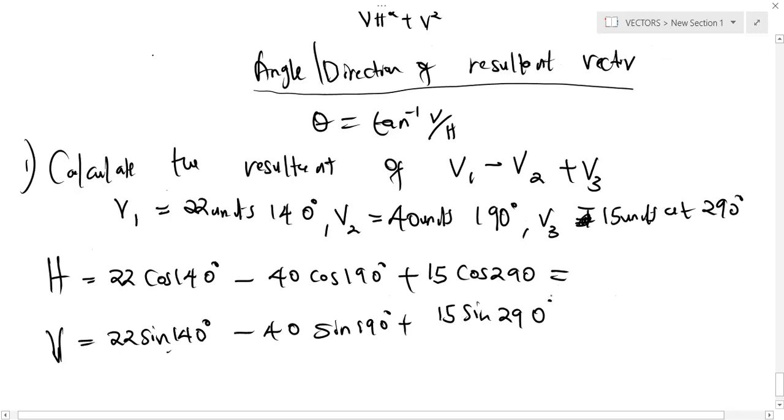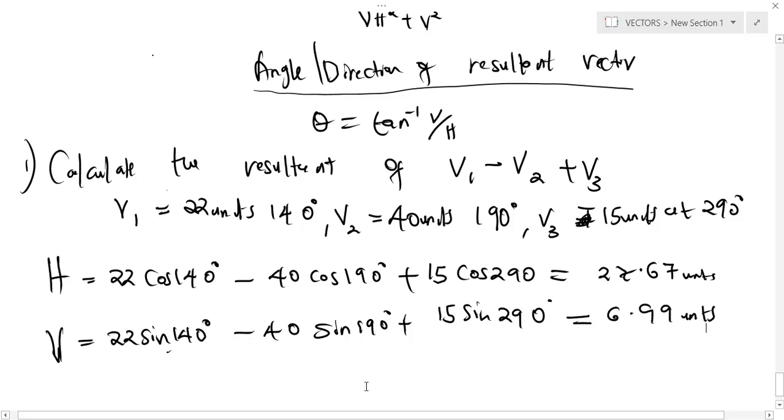Evaluating all that in the calculator, the horizontal component is equal to 27.67 units, and the vertical component gives us 6.99 units.